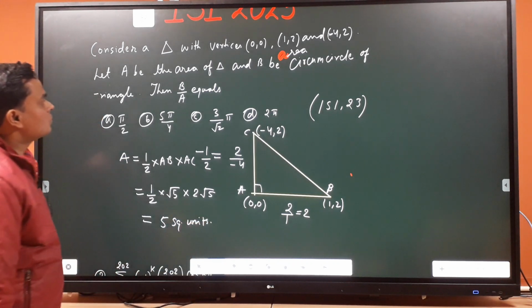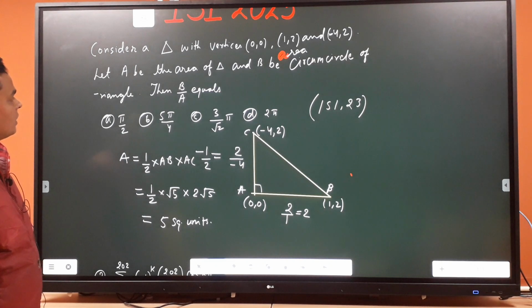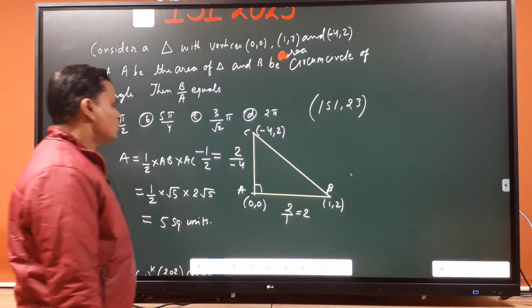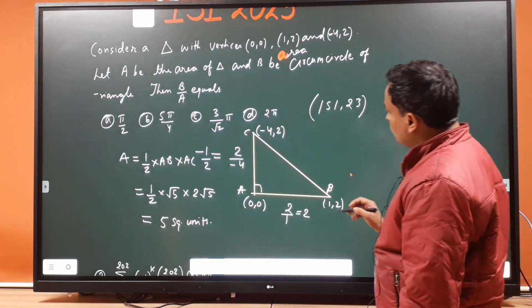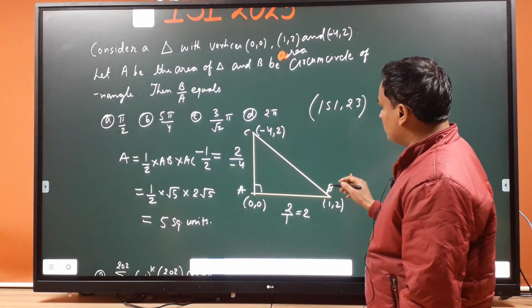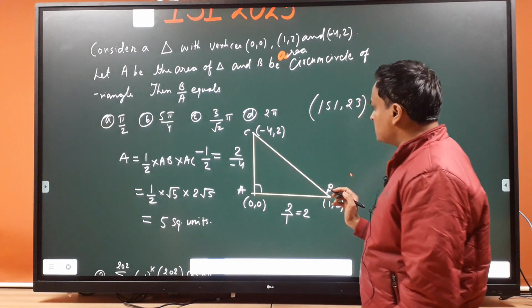Now it is also asking that B is the area of the circumcircle of the triangle. So how will we find the area of the circumcircle? For that we need to find the radius of the circumcircle.